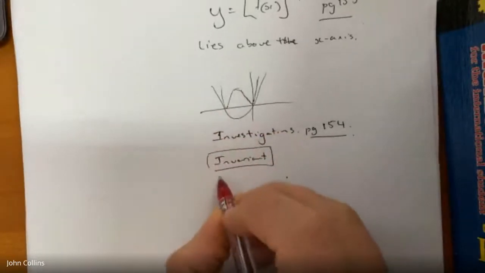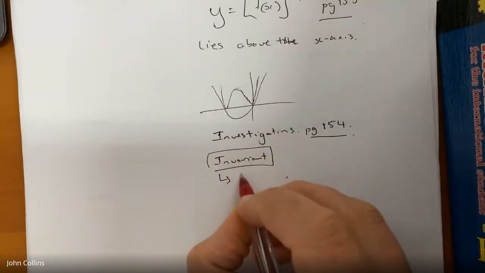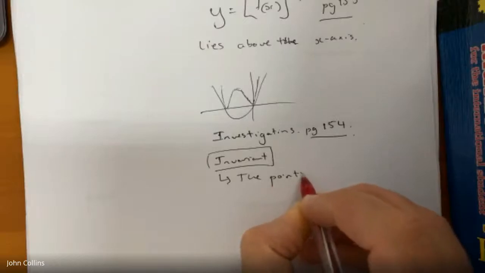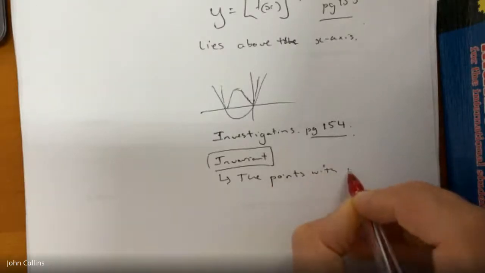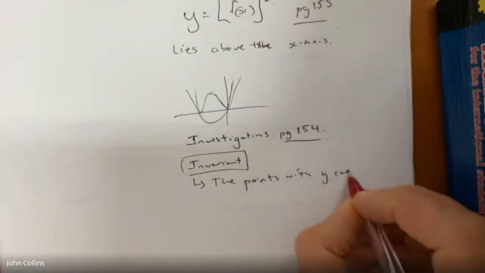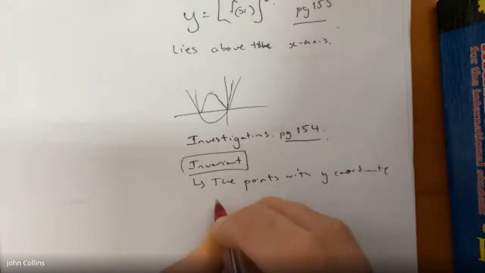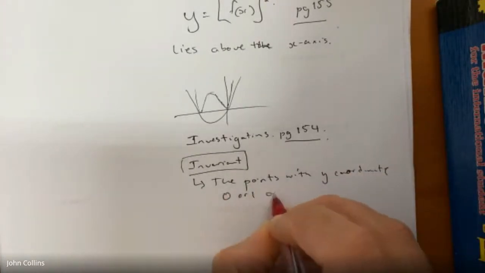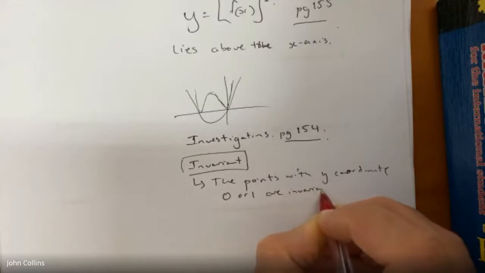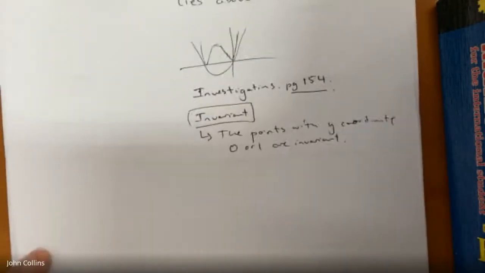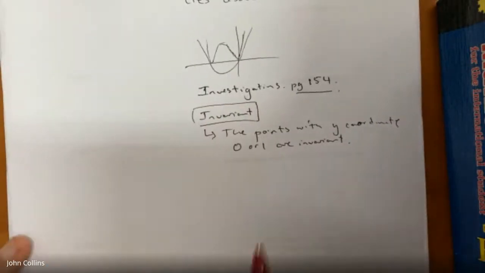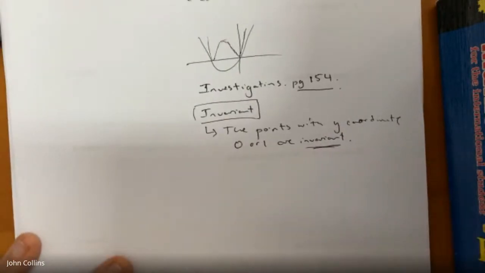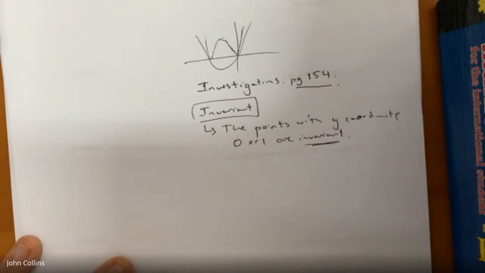What it'll say in the book is that the points with the y coordinate 0 or 1 are invariant, and that's probably the only new terminology that you will see on that page. What do you think that means? So the y, never changing.